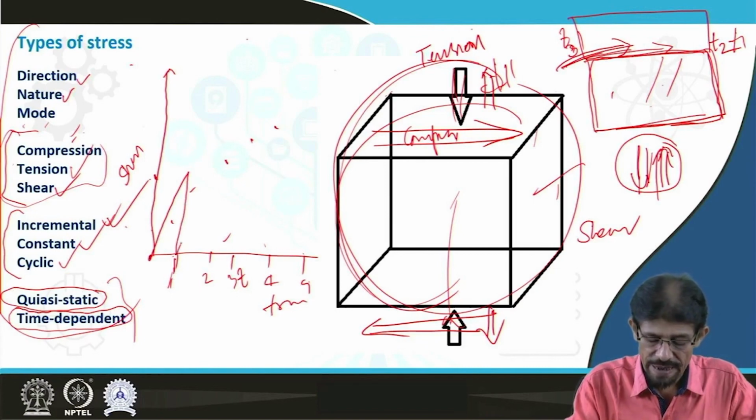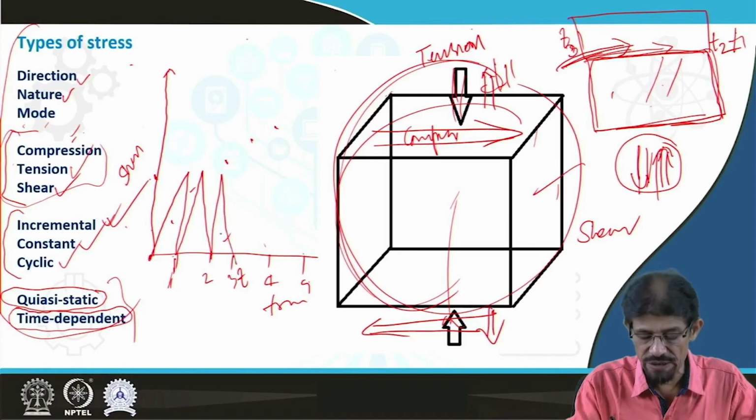Then again an increase in stress, then a fall in stress. Increase, then fall. This type of state is a cyclic stress.